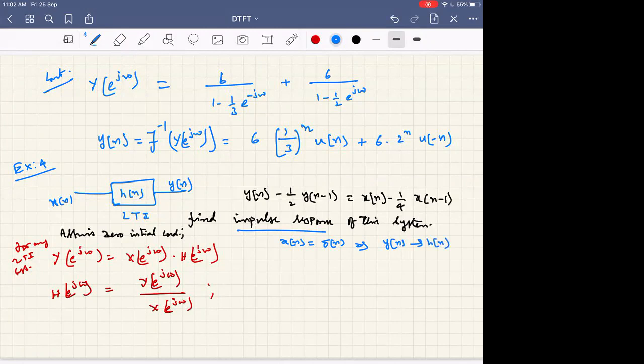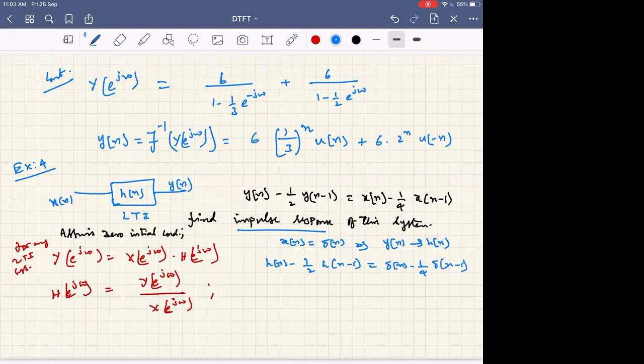So now I will do that. h of n minus 1 by 2 h of n minus 1 is equal to delta of n minus 1 by 4 delta of n minus 1.